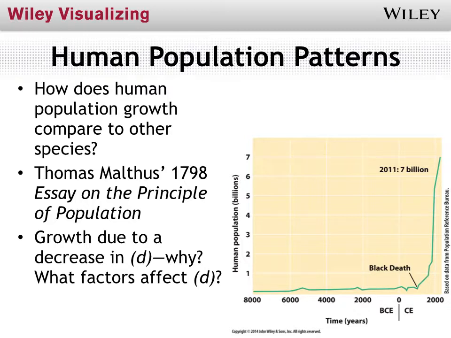Why did the massive growth start occurring right around the mid-1800s after the plague killed a lot of people? Well, it's going to be two factors: either birth rates grew or death rates declined. Well, again, it's a little of both.